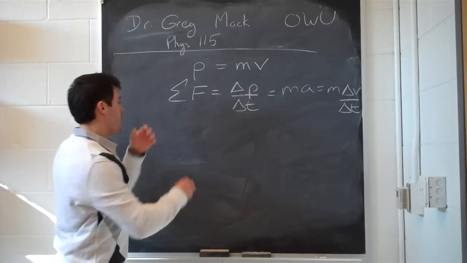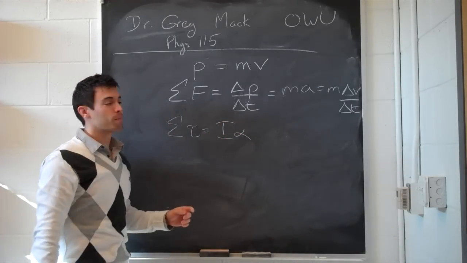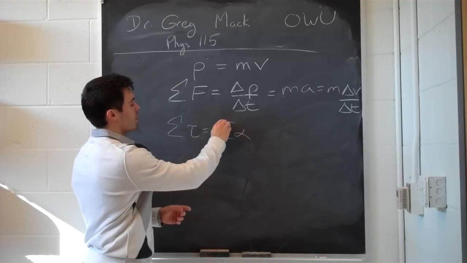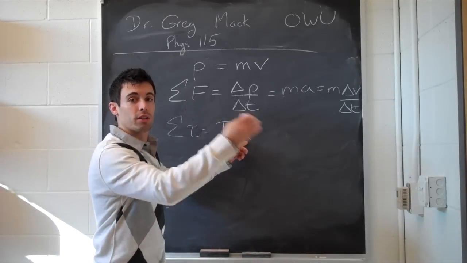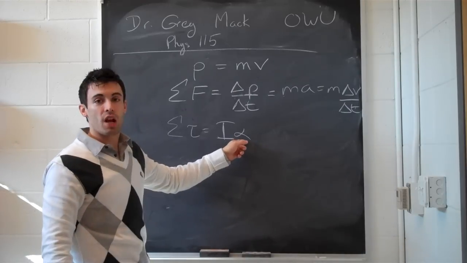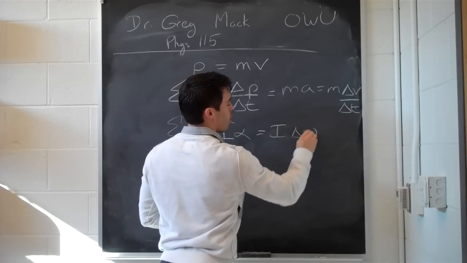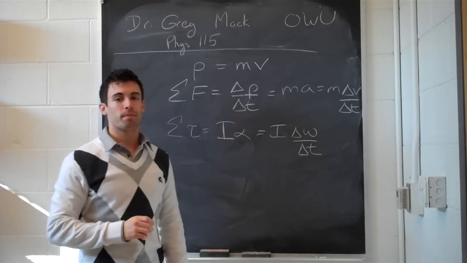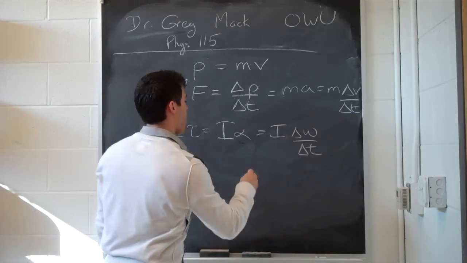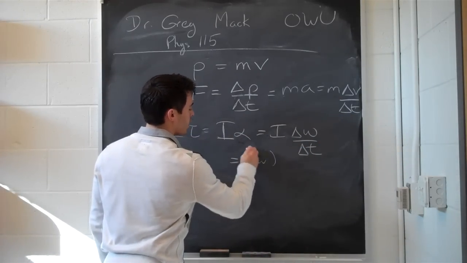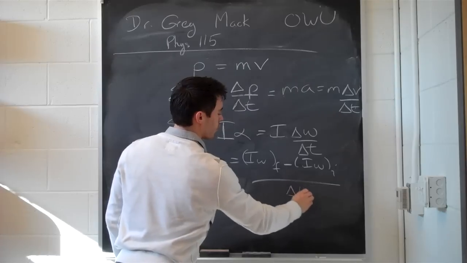Let's look at the torques now. If we know that the sum of our torques is equal to I times alpha, well, alpha, as an angular analog to the linear velocities, is equal to the change in angular velocity with respect to time. So this is I delta omega over delta t. So now we have, instead of m delta v, we have I delta omega. So we have something that's an I omega final minus an I omega initial over delta t.